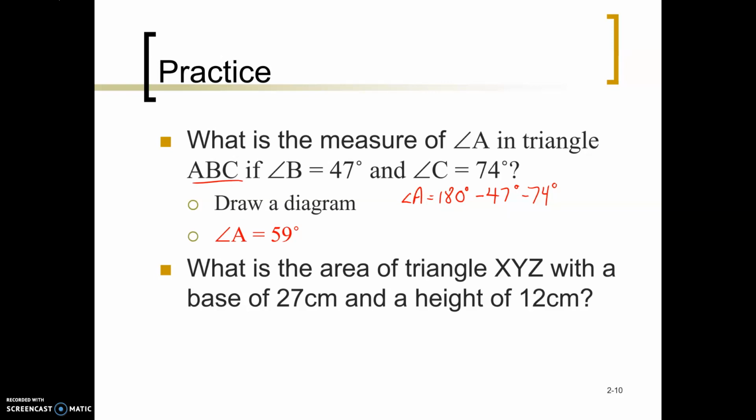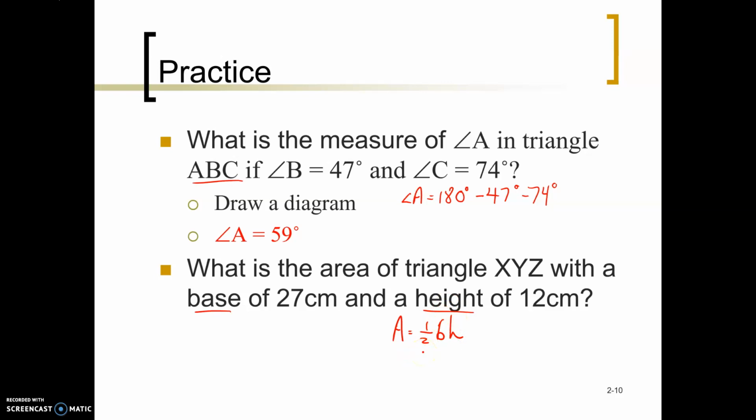Find the area of triangle XYZ with a base of 27 centimeters and a height of 12 centimeters. Well, the formula that we saw that finds the area of a triangle and uses base and height was area equals 1/2 base times height.